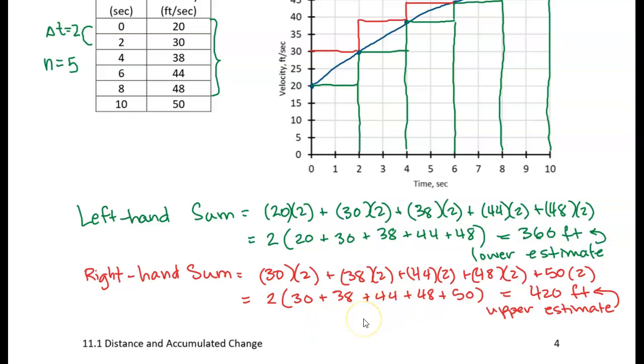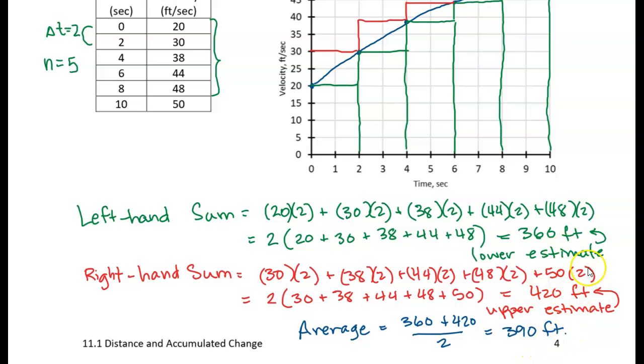And so what I'm going to do, let me use a different pen here, is take the average of these two. I'm just going to take 360 plus 420 and divide by 2. So an even better estimate would be 390 feet. That would be a better estimate.